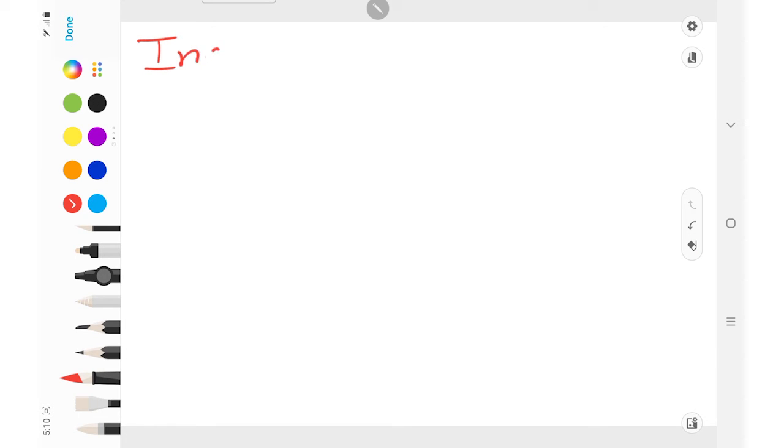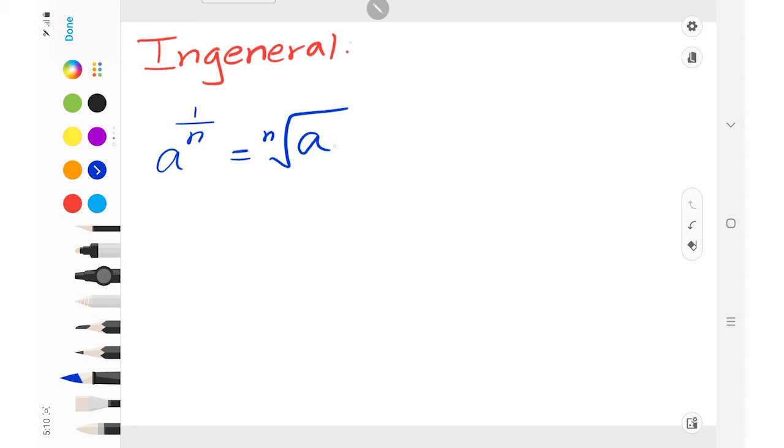Now in general, a to the power 1 over n is the square root, the cube root, the fourth root, fifth root, whatever the value of n.